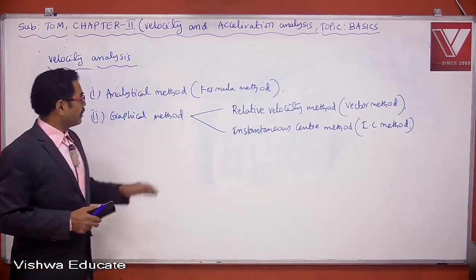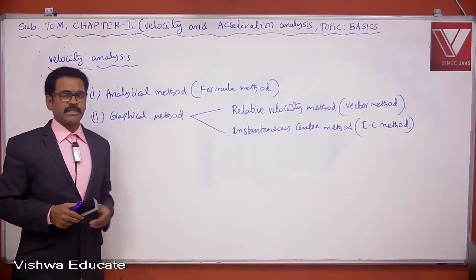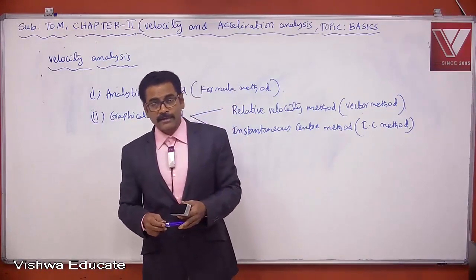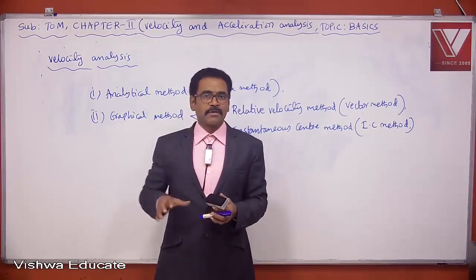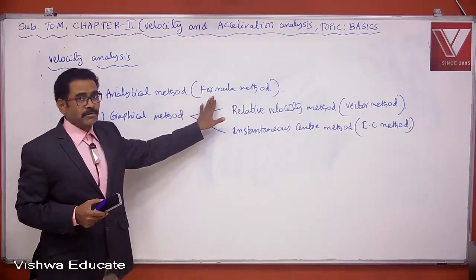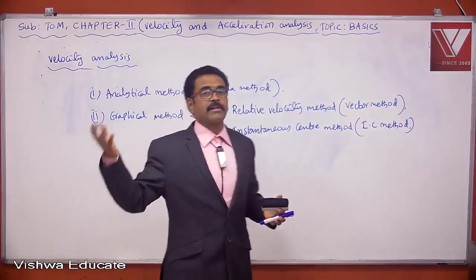Right? We are going to use this analytical method in a separate chapter. We have a chapter called dynamic force analysis of single slider crank mechanism. There we are going to implement the analytical method, right? And of course, analytical method is based on formula. Some formulae may be present for velocities of various links of a mechanism.